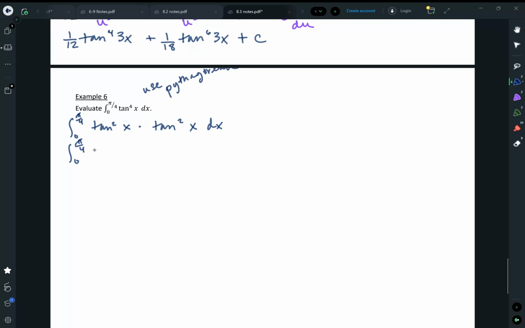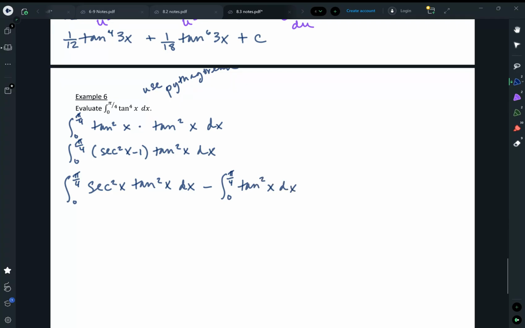So it's going to be secant squared x minus 1. All right, and then when we distribute, we're going to get secant squared x tangent squared x dx minus just tangent squared x dx.